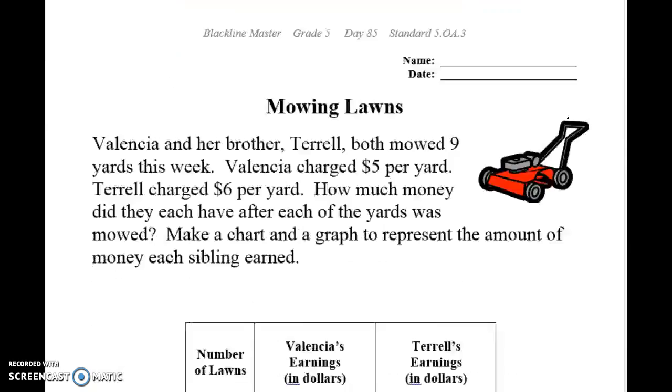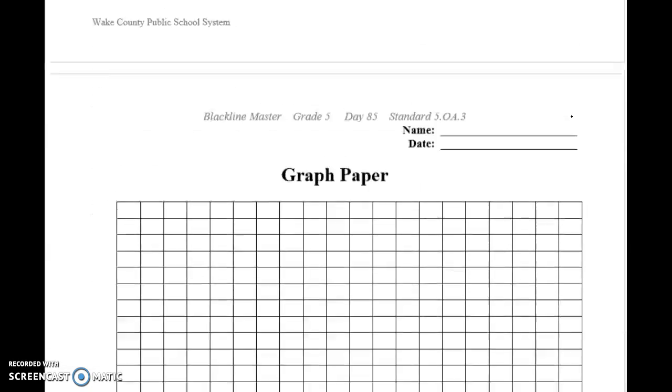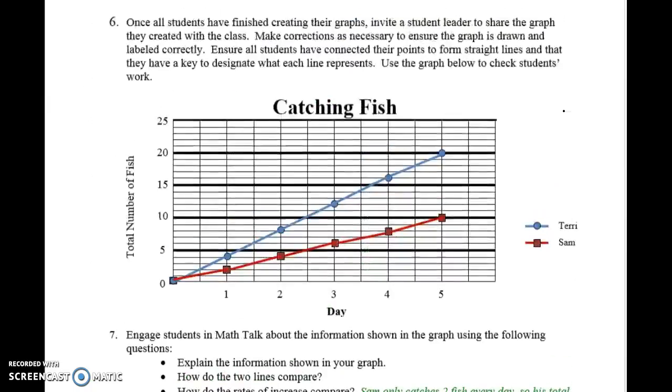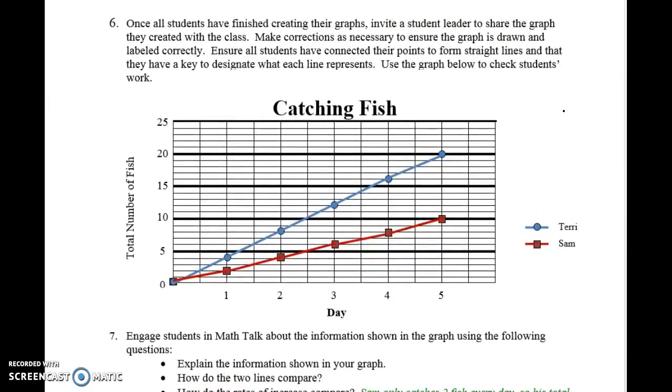Let me go to, and they don't have it on here. There we go. So, look at what they did. They made ordered pairs out of the number of days and then the number of fish that each person caught.